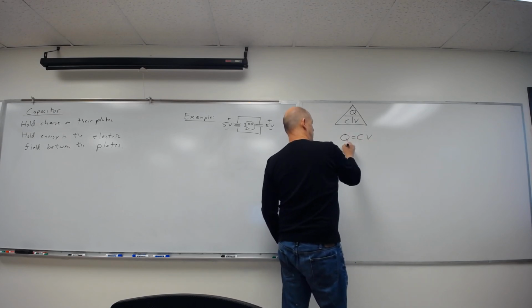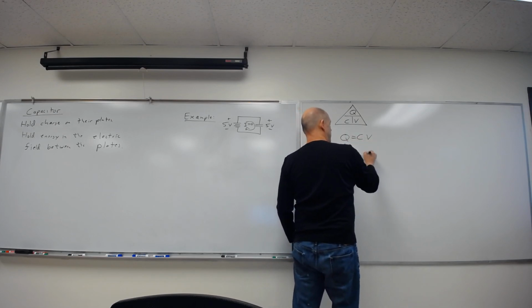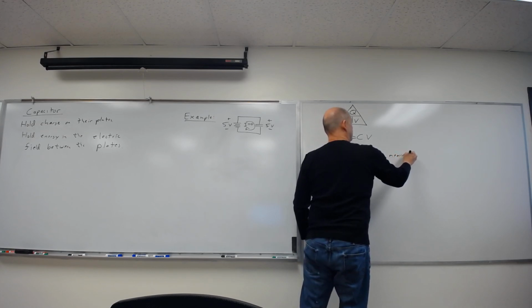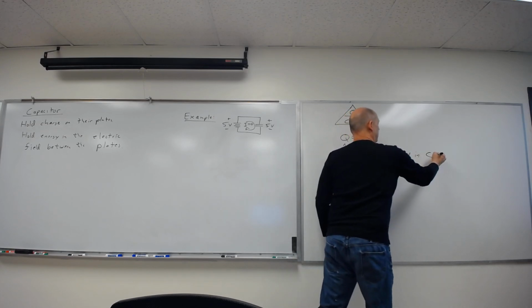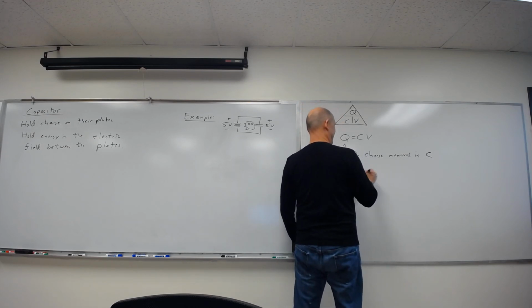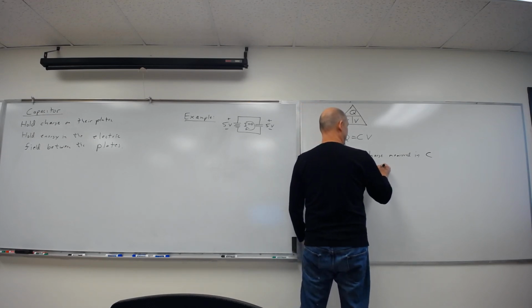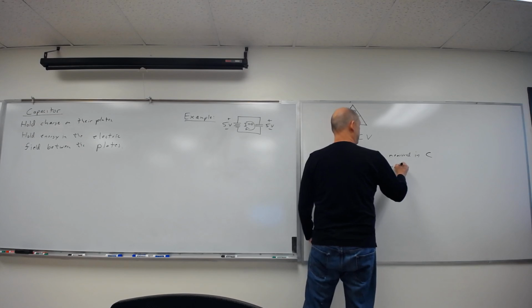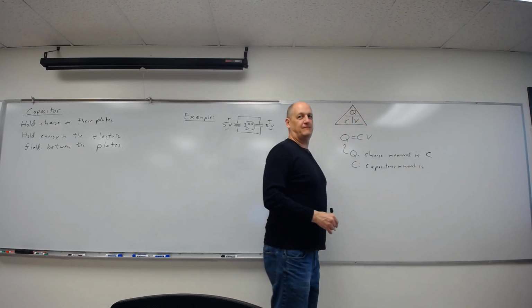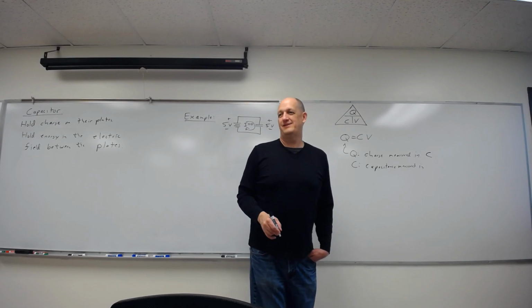So Q, you got to watch out. Q is the charge measured in coulombs. C is the capacitance measured in, drum roll, farads.